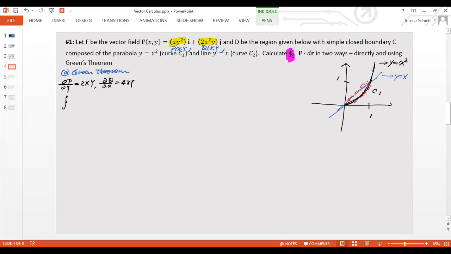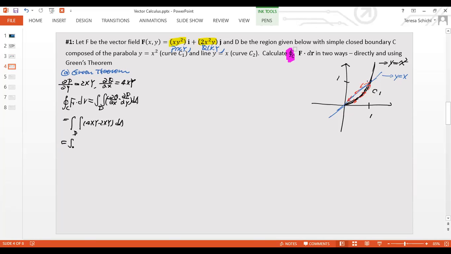Now Green's theorem tells us that for the integral over C of F dR, I get a double integral over this area D of ∂Q/∂x minus ∂P/∂y dA. So this is 4xy minus 2xy dA.